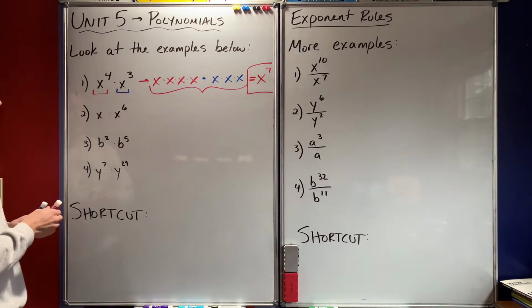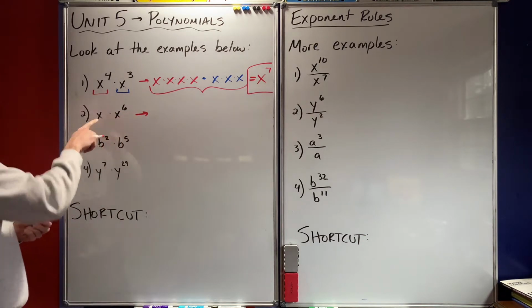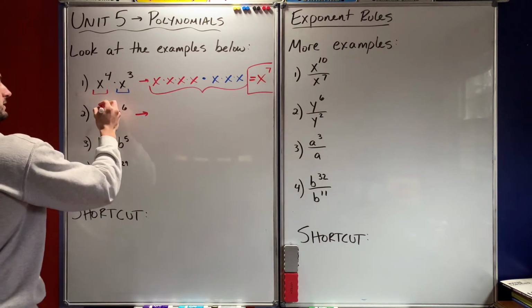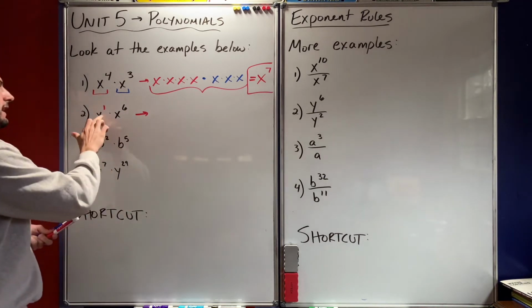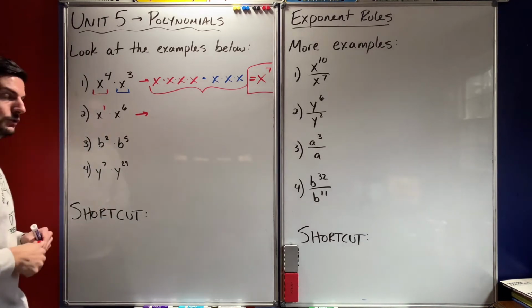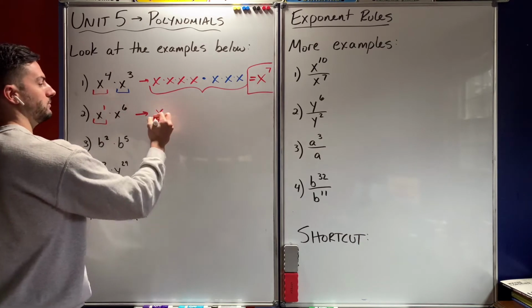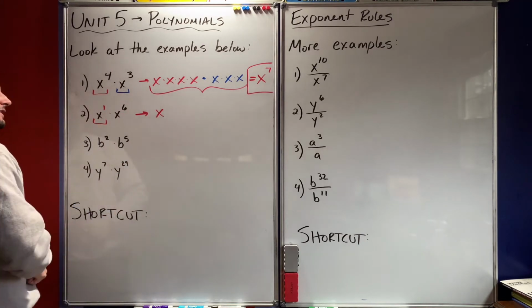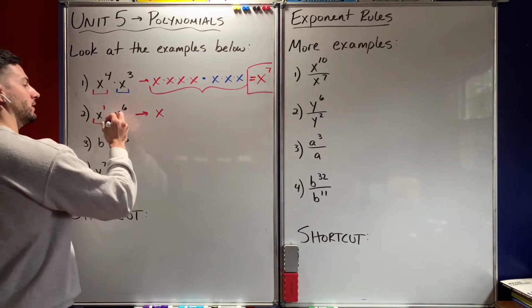Now this next one, that same idea. I have just x, and again, something that we've talked about: the standard for an x is that it has a 1 exponent. So when it doesn't have an exponent written on there, we say the exponent's 1. So this would be saying 1x, x to the 1st, times x to the 6th power, which means 6 x's multiplied together.